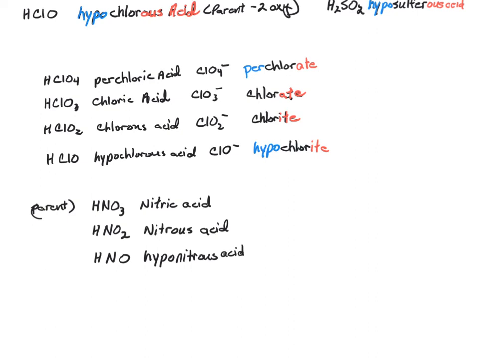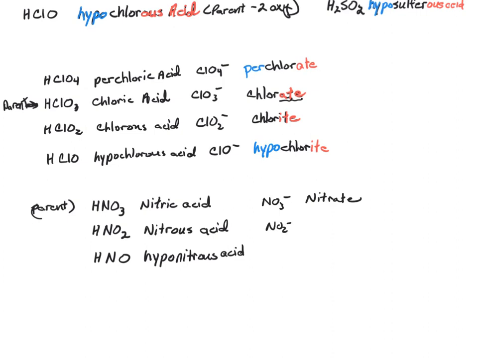Now if I take away a hydrogen from nitric acid, I'm left with NO3 minus. It's the parent compound, so if we take away an H from it, we use the suffix ate. So this is going to be nitrate. If I take the H away from HNO2, I'm left with NO2 minus.